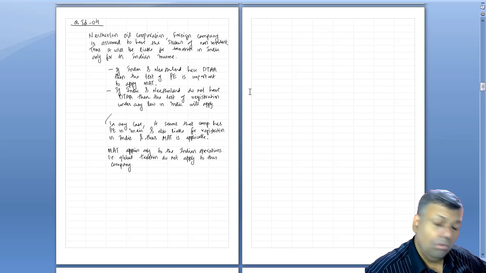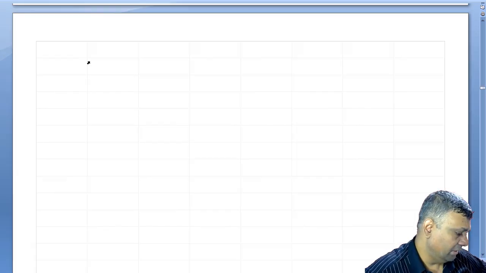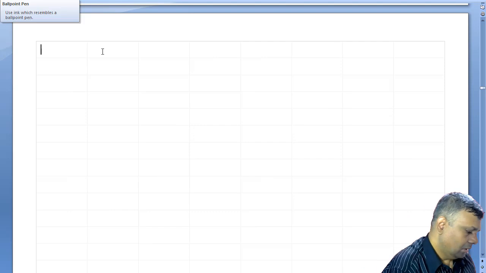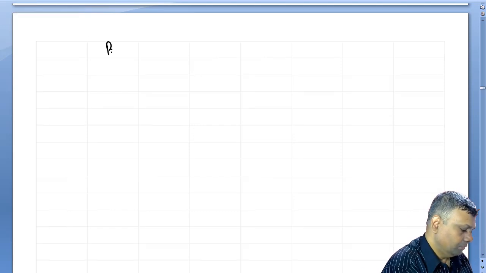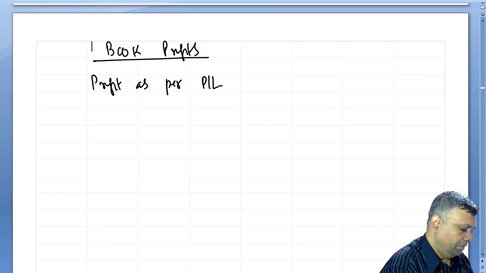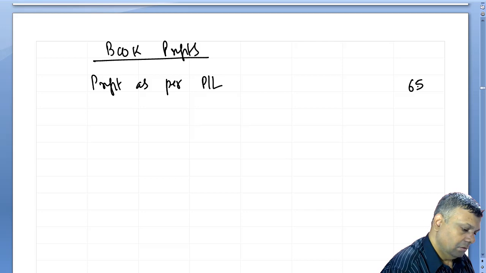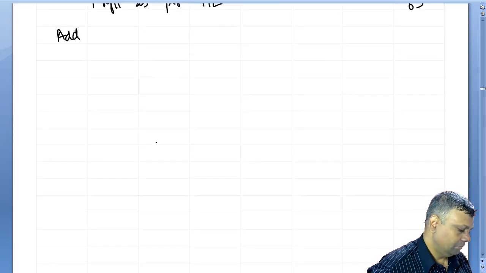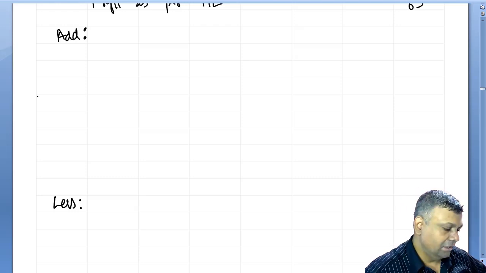Okay. Now, having said that, we can start with our basic format of the answer. Computation of book profits. Profit as per P&L, 65 lakhs. Add, less adjustments.